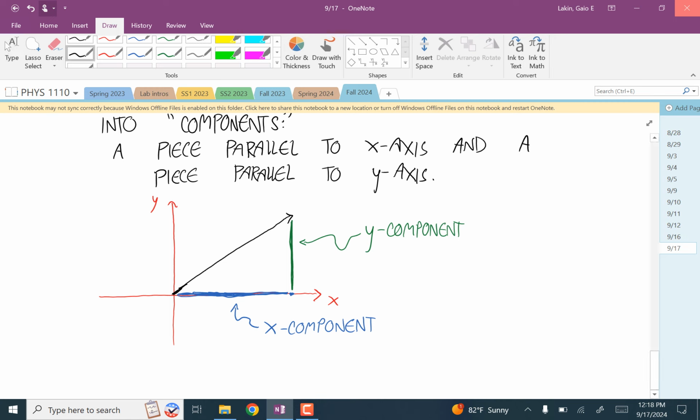So notice where those come from. You can think of those as projections onto the two axes. The blue is the black vector projected down onto the x-axis, and the green is the black vector projected onto the y-axis, how far you have to go. And these have positive and negative signs. So if this was over in another quadrant, say quadrant 2 over here, that blue part would be on the negative x-axis, and you'd have a negative component.